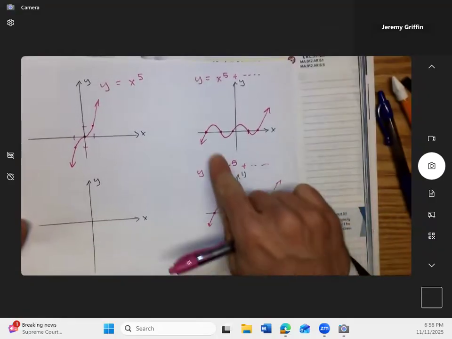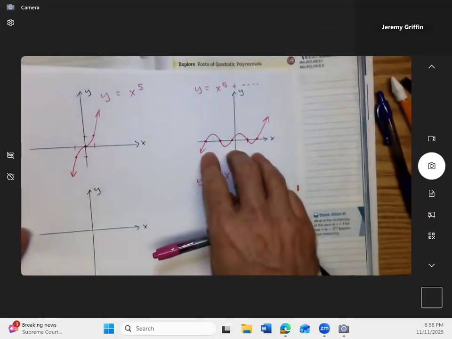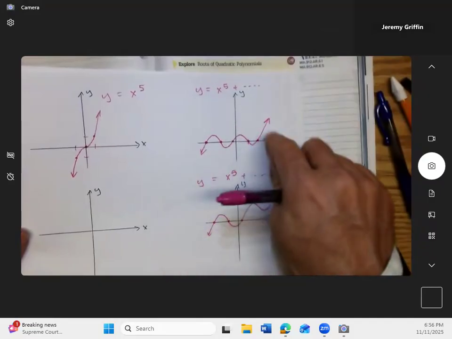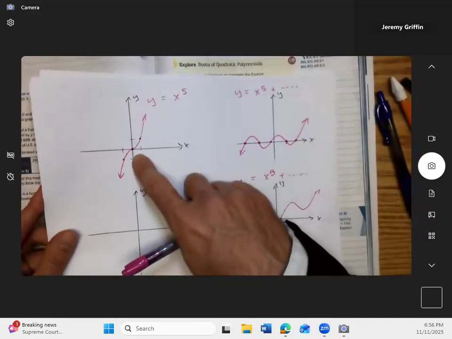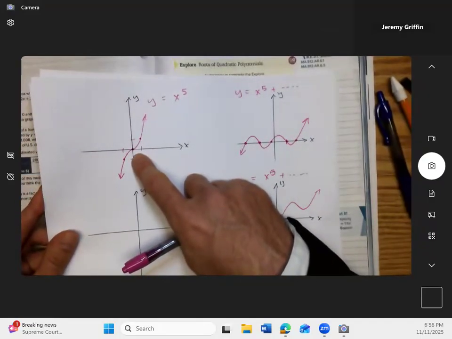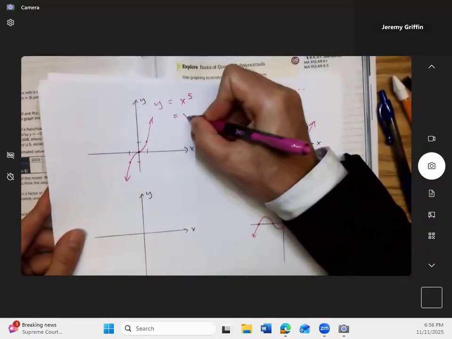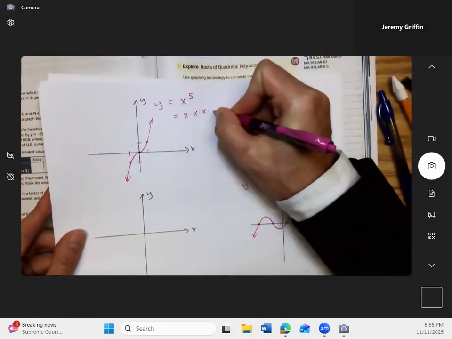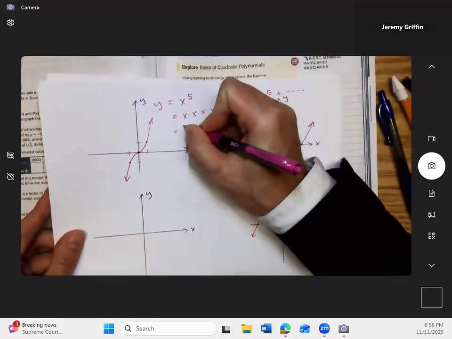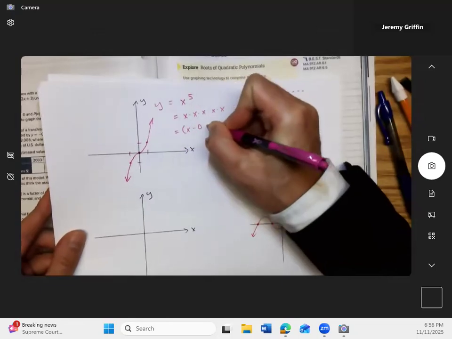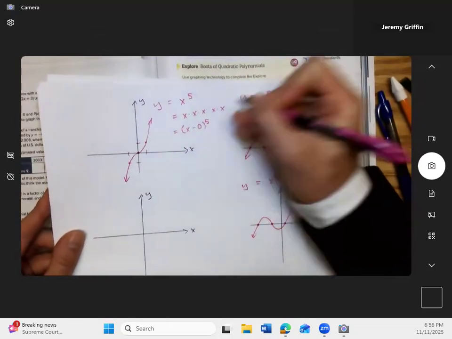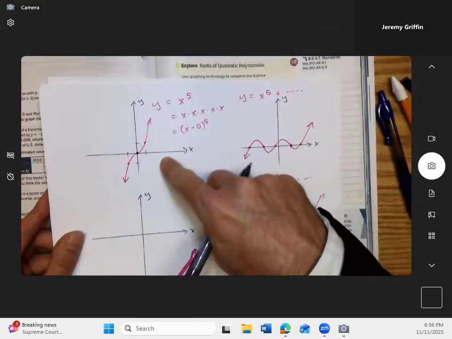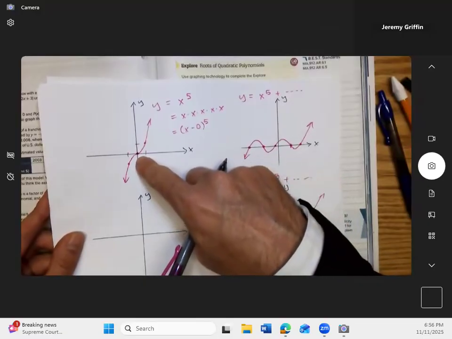That would be true here. With this one, all 5 roots are real roots because they all cross the x-axis. Over here, I only see 1, but this is the same thing as x times x times x times x times x, or if you like, x minus 0 times x minus 0, and so on. However you think of it, it's the same root repeated 5 times, and that's what multiplicity is.